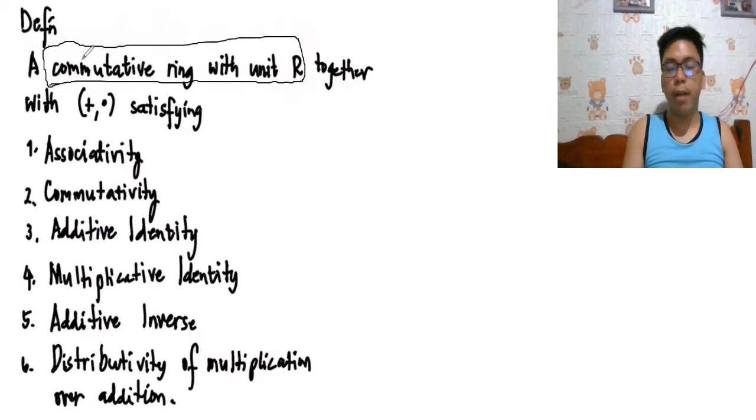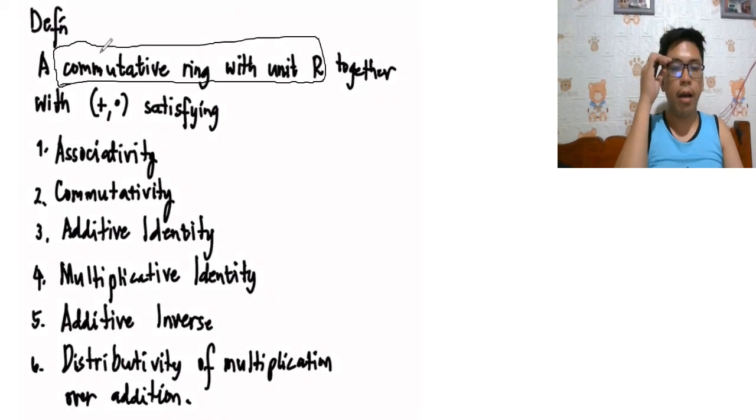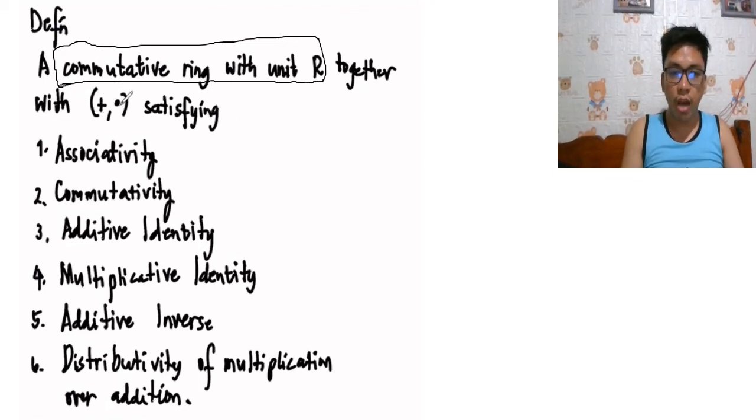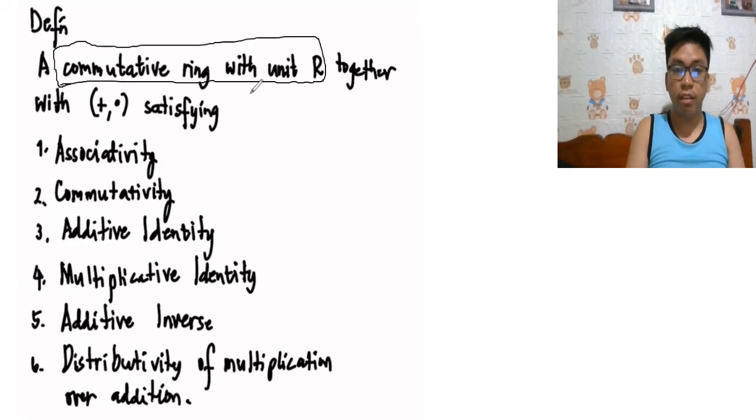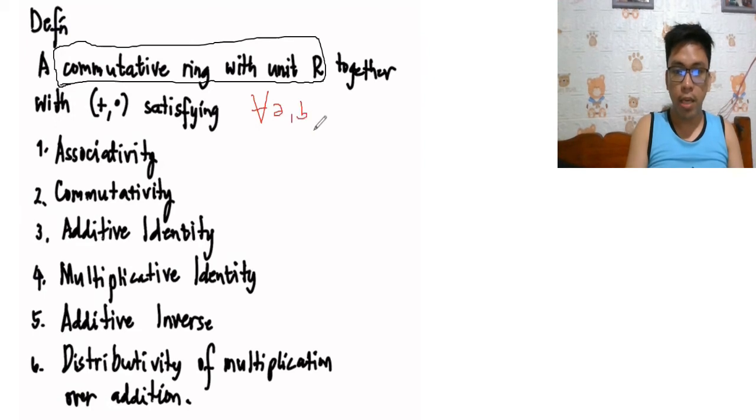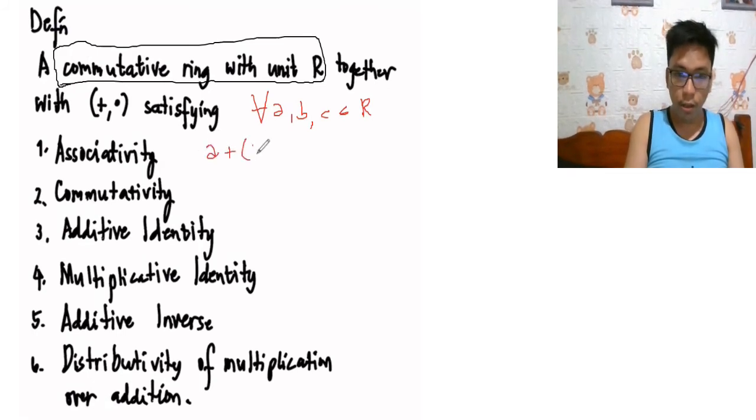Okay, so that means we're talking about a ring. Anyway, I will discuss what a commutative ring with unit R is. So a commutative ring with unit R, together with plus and this dot here, satisfies the following conditions. First is associativity. So when we say associativity, let's say we have, for every a, b, and c in R, (a plus b) plus c is the same as a plus (b plus c).